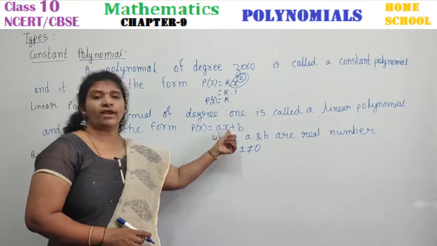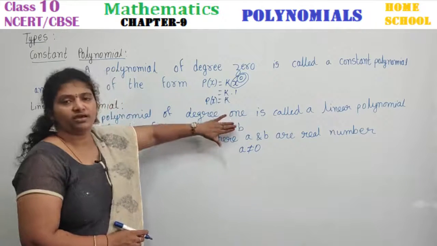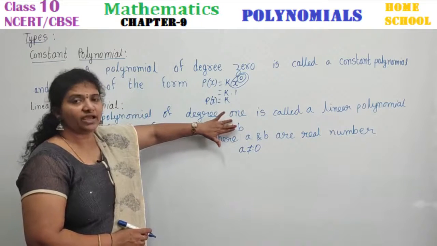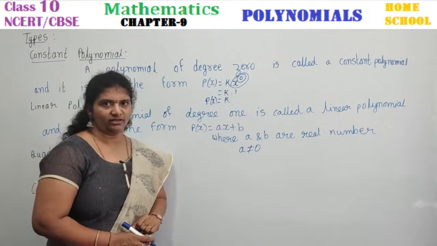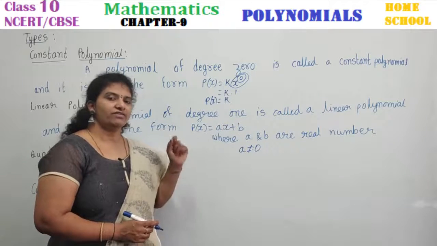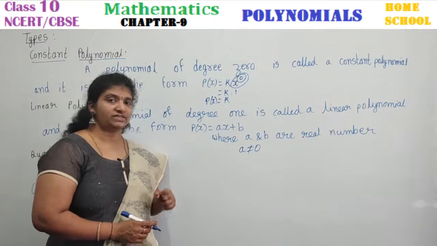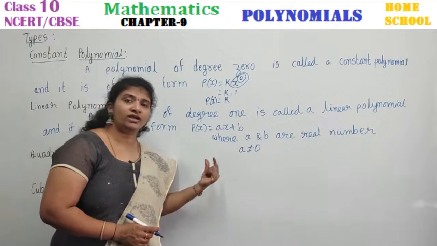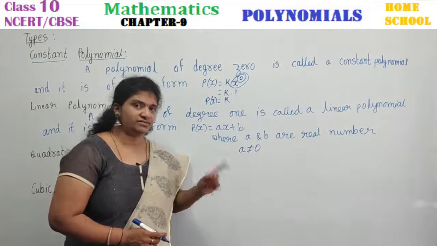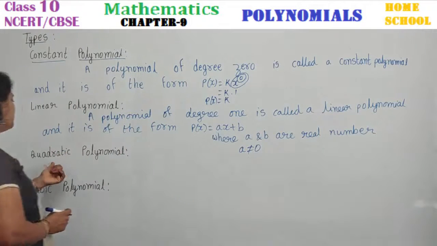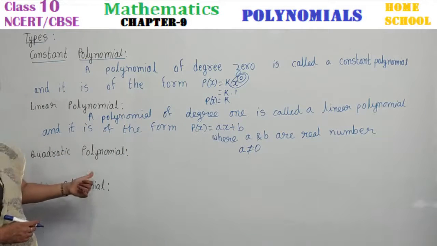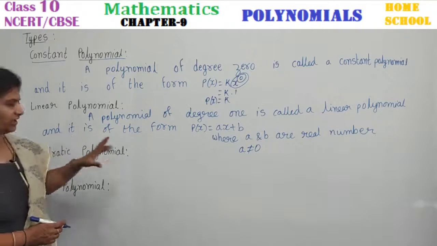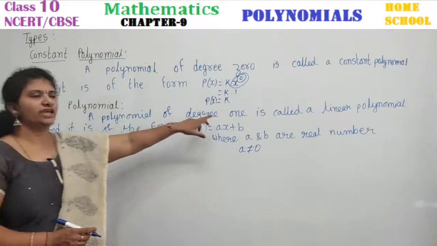If a is 0, what happens? It becomes only b. Then this expression becomes a constant polynomial. Observe carefully, when we are saying any polynomial which has its highest power as degree, that numerical coefficient should never be 0. Coming to the next polynomial, quadratic polynomial. Similarly you can say a polynomial of degree 2.